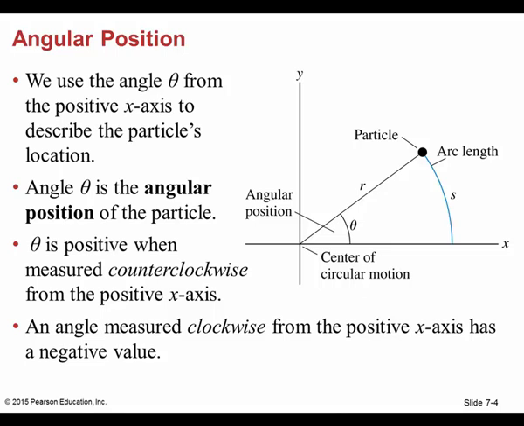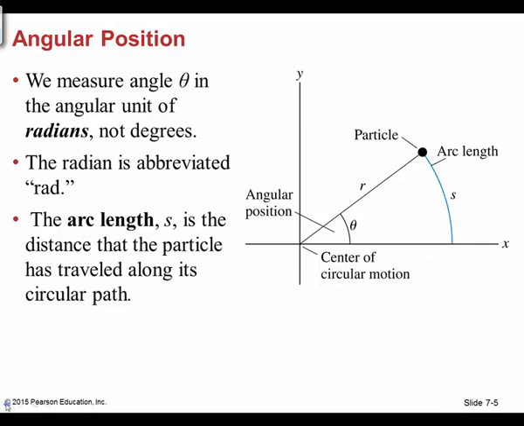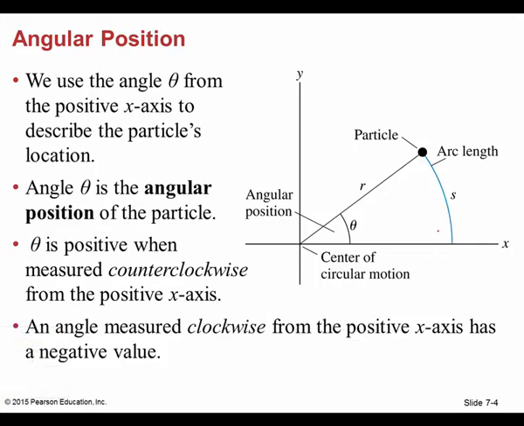We use what is called the angular position. The angular position is the arc length, or the ratio of the arc length to the radius of where the particle is actually located.